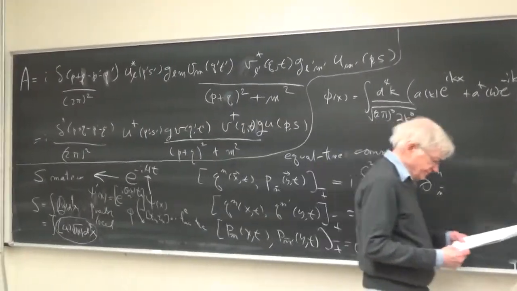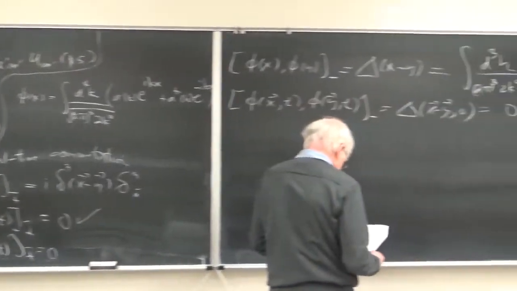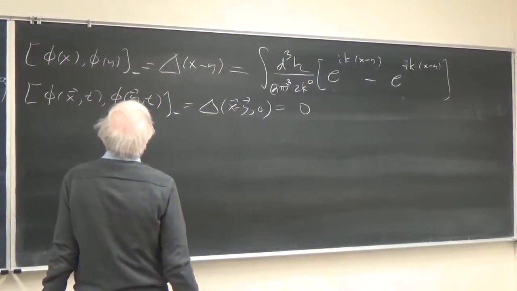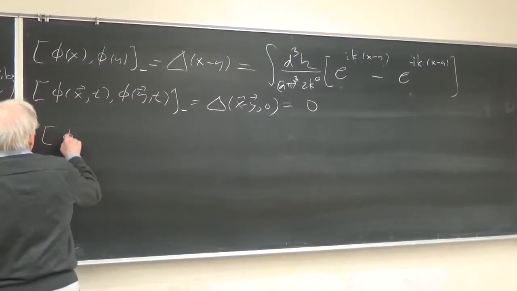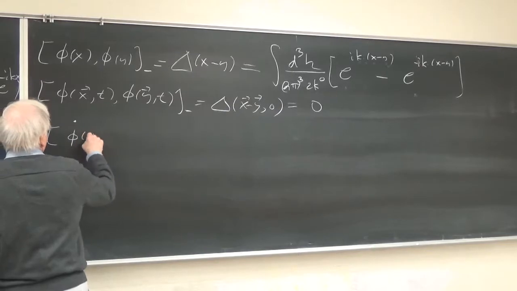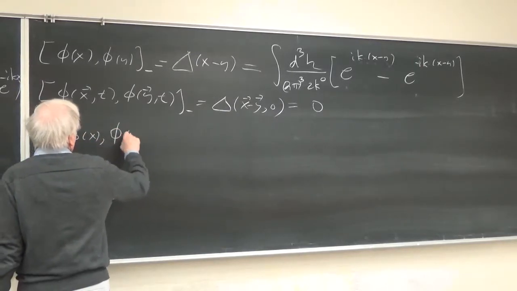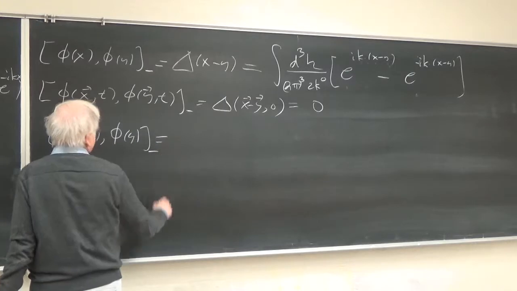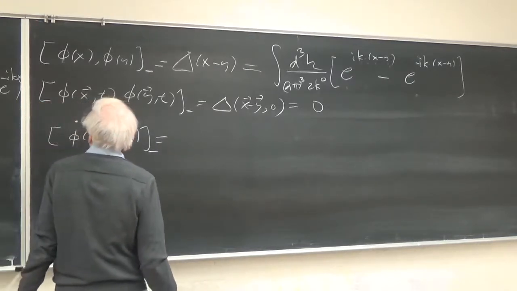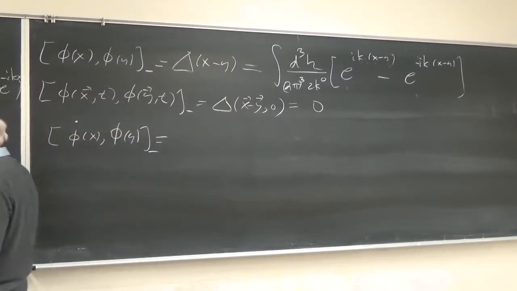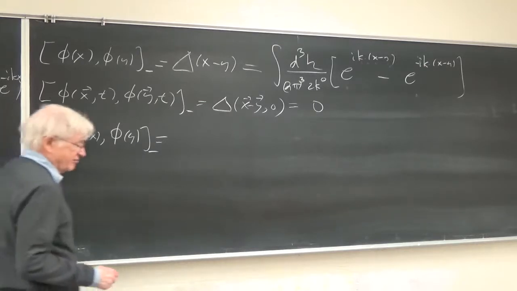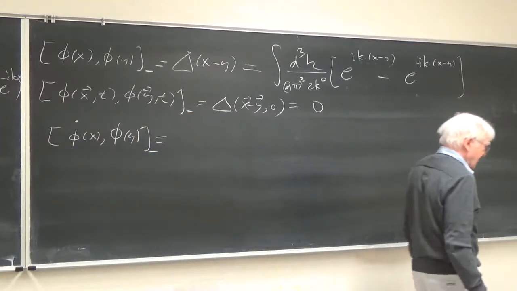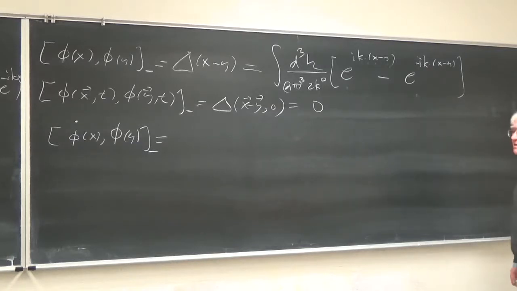And we can also take the time derivative of this expression. So for example, if we had phi dot of x, the commutator of that with phi of y, well, we'll shortly realize that we'll identify phi dot with the canonical momentum p.